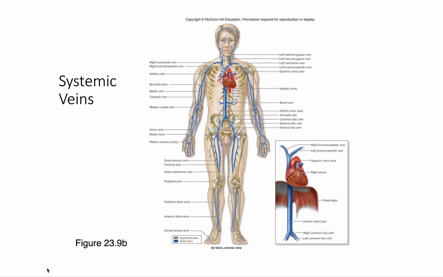On the right-hand side with venous return, one of the most important veins is going to be the great saphenous vein. This great saphenous vein is actually used for anyone needing open heart surgery. They'll resect portions of your great saphenous vein and attach it to your aorta, wherever the blockages occur in your coronary arteries.